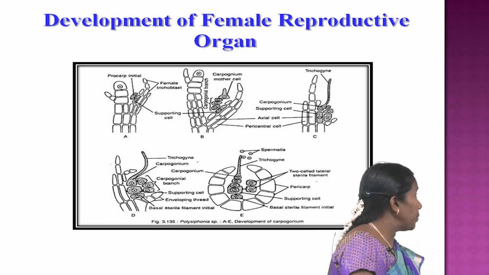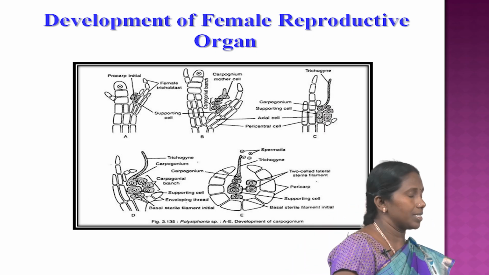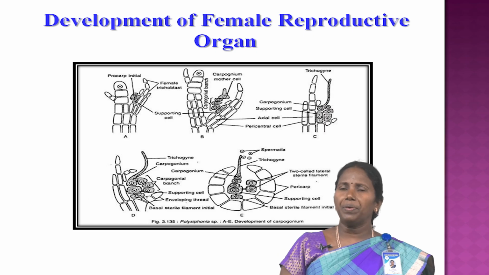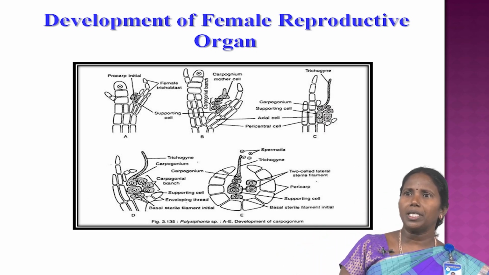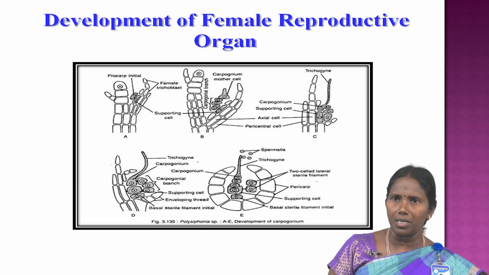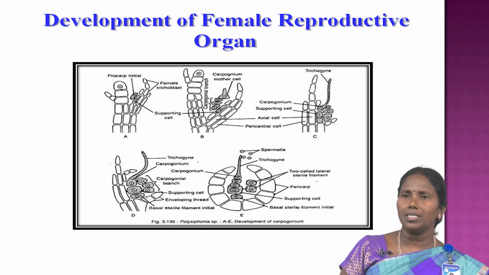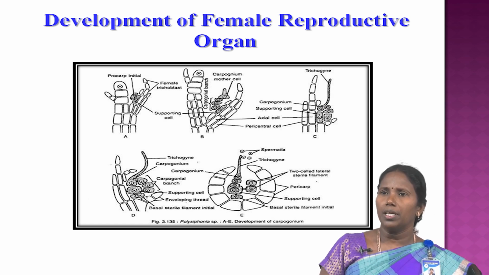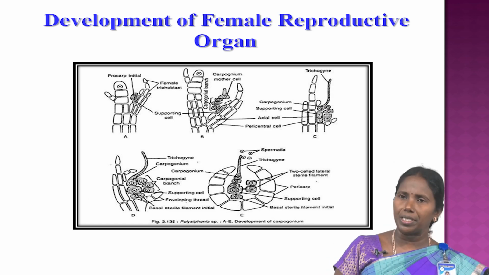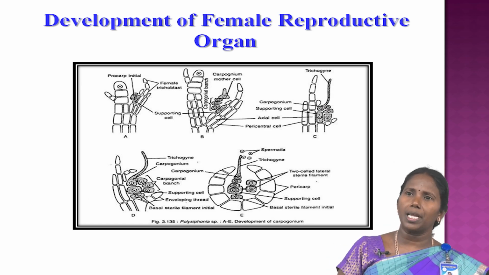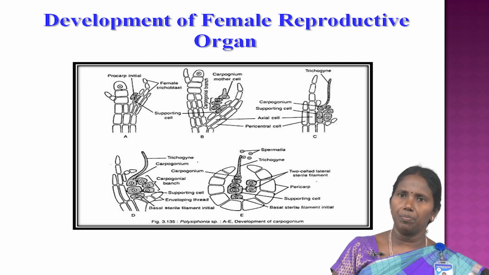The development of female reproductive sex organs. The female trichoblast initial then undergoes repeated division and forms a female trichoblast of 5 to 7 cells. The lowermost 3 cells of the female trichoblast divide vertically and form 3 tiers of pericentral cells.